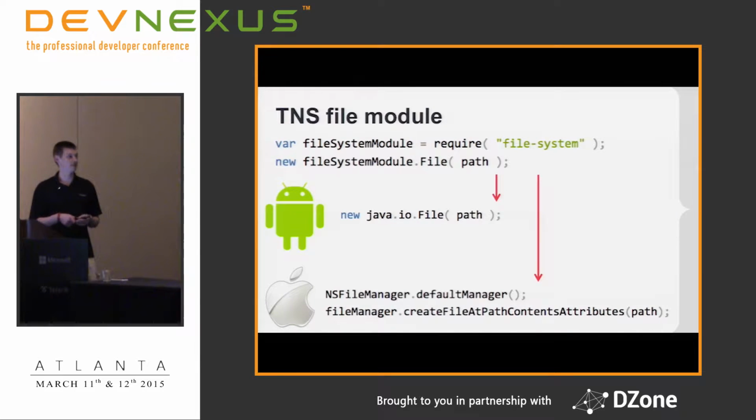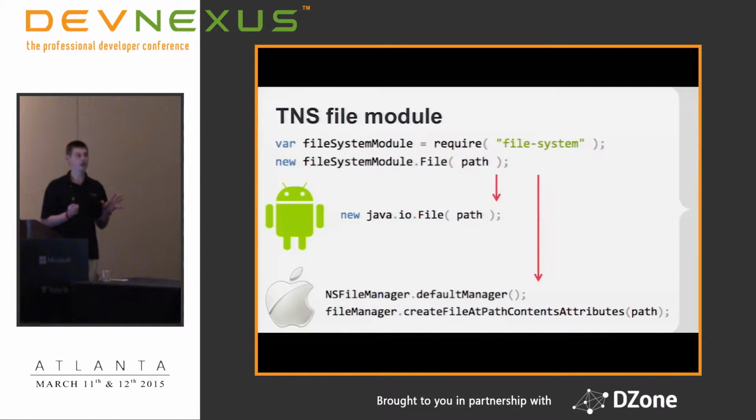And you could write that Objective-C abomination that shows up on the bottom of the screen for your iOS app. But you'd actually be far better off using the NativeScript provided file system module, which that top line of code actually requires, and the second line of code uses.